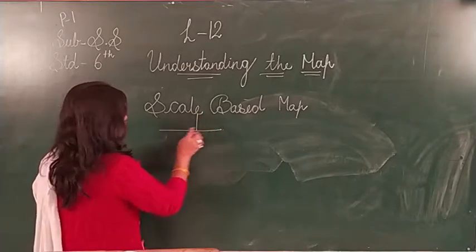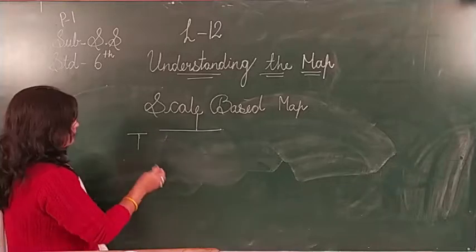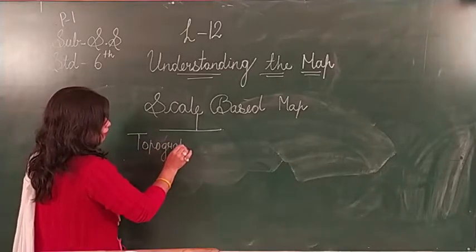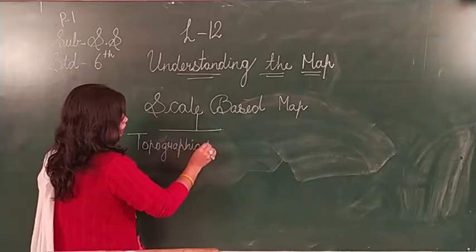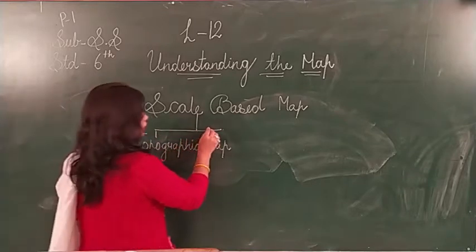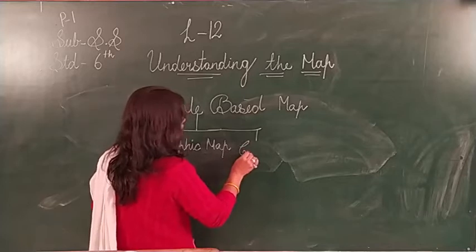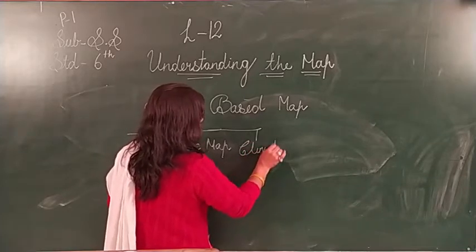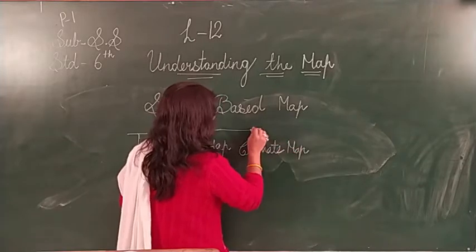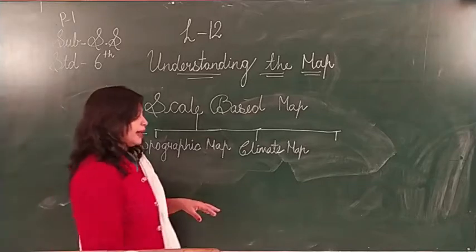What are they? First one is topographic map. And third one is astronomical map.